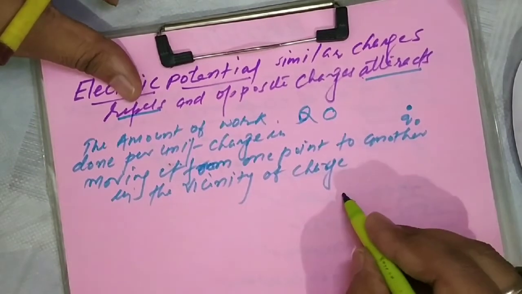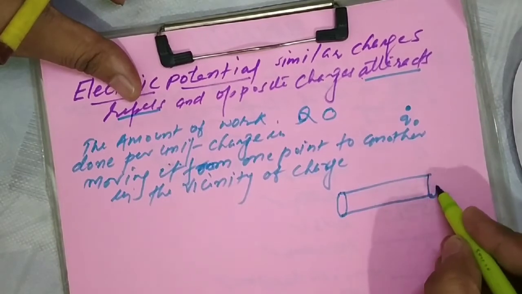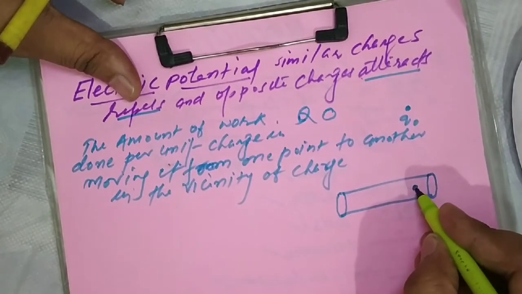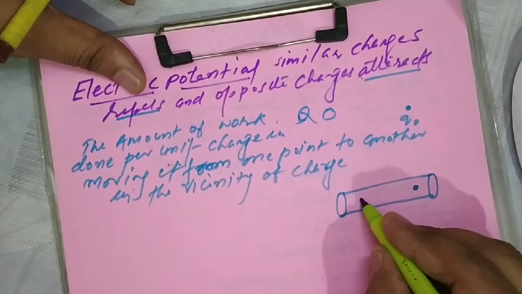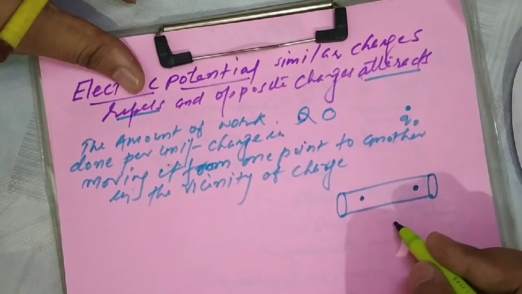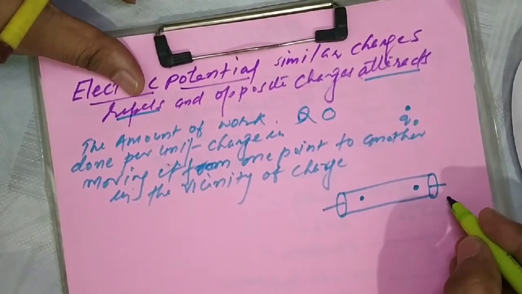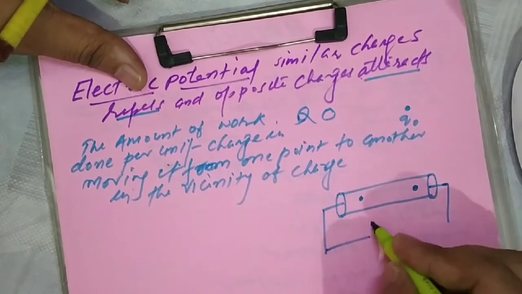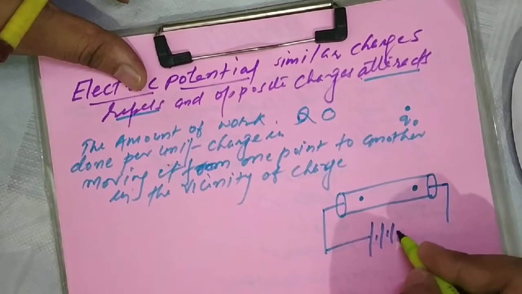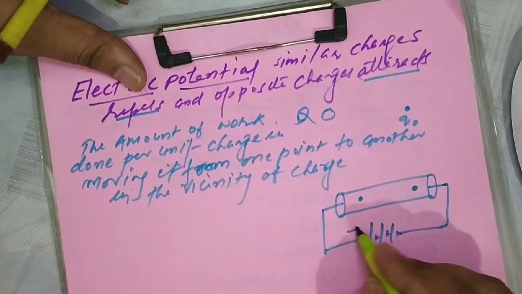or in very simple language, suppose that we have a conductor and a charge is lying here. Will it move to this place by itself? No. But when you connect this conductor with some potential source, the potential source helps the charge to move.